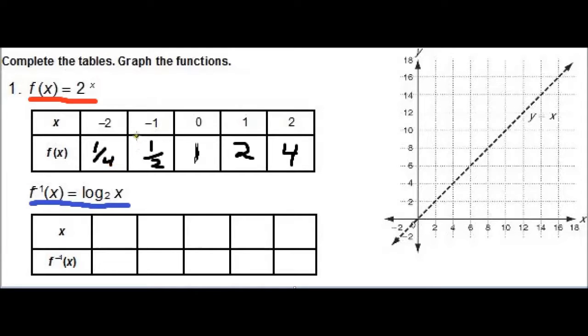So with the logarithm, notice that they didn't even put in the x row yet. Remember that with inverses, the coordinates switch places. So for x, I want to write in what we had for f of x on the other function, because these are inverses.